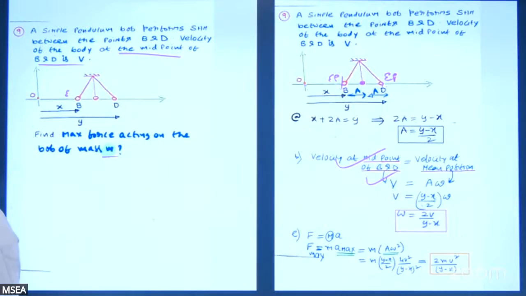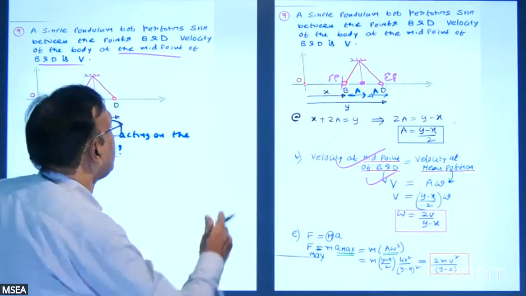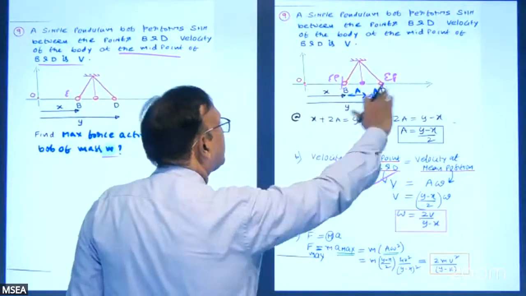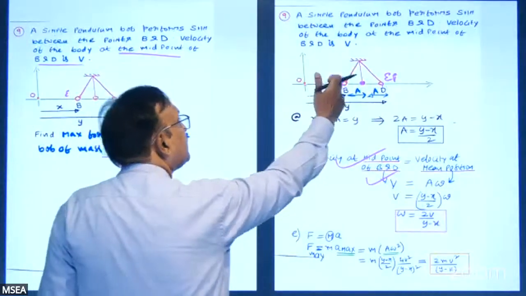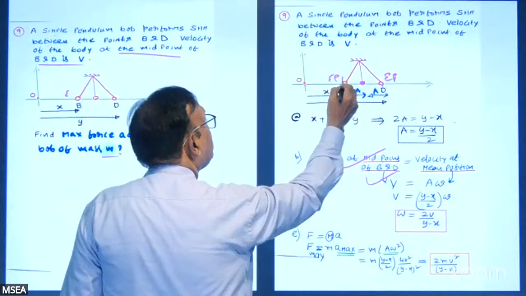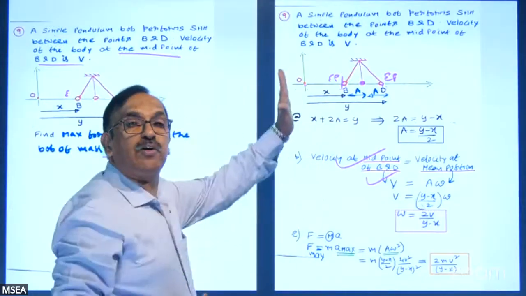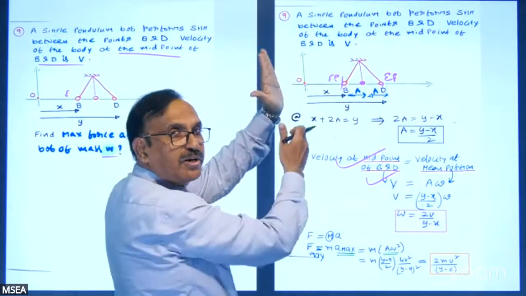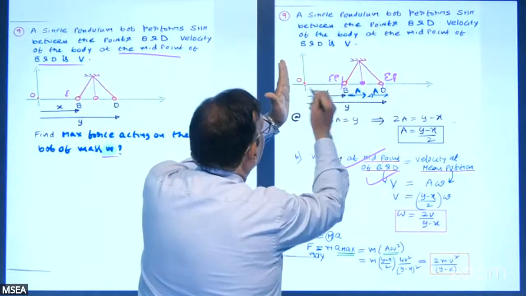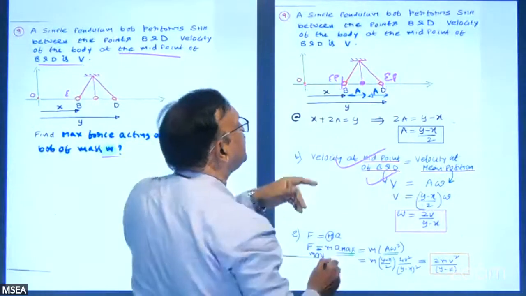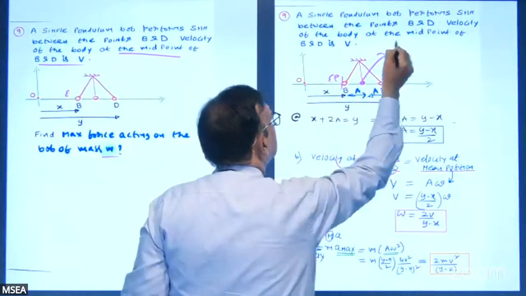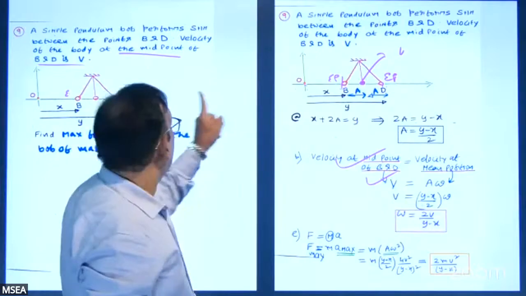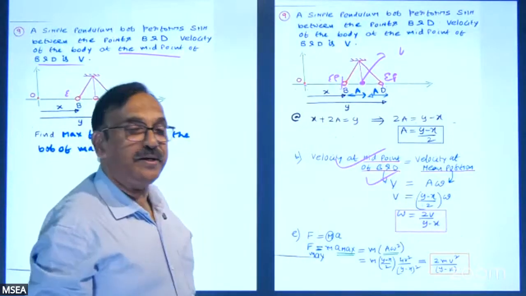To repeat, a simple pendulum bob is oscillating between the extreme points B and D. B is at distance x and the other point is at y from a selected origin of the coordinate system. At the midpoint of B and D, the speed is given as v. Then you want to know the maximum force acting on the body.